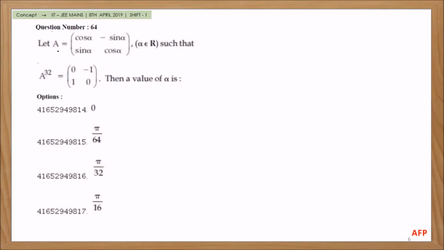Next problem. A is equal to, a matrix is given, alpha belongs to real numbers such that A raised to 32 is equal to one more matrix given. You have to find the value of alpha.